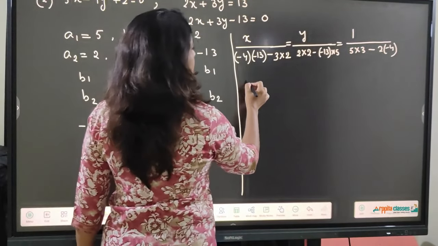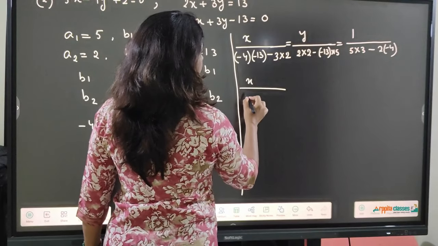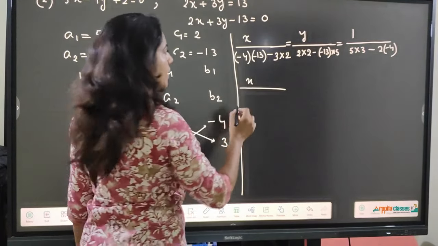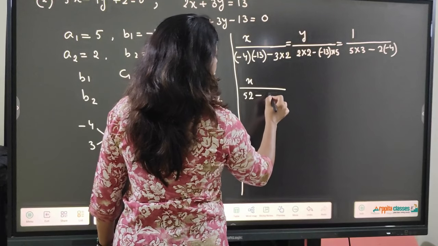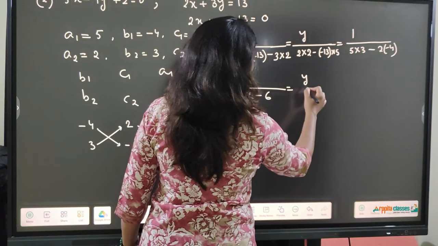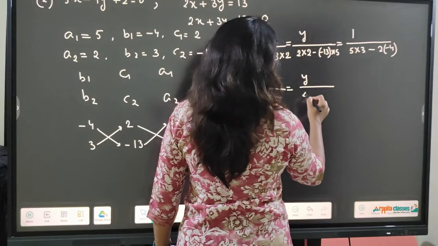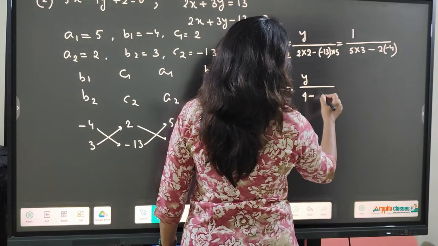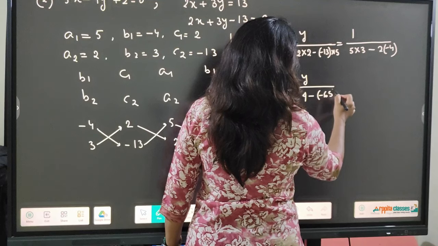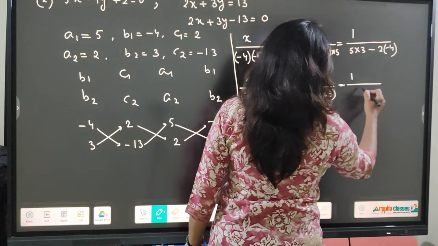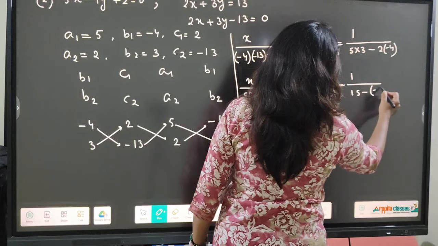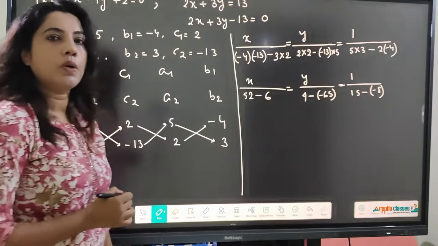Now we'll calculate this. x upon 13 into minus 4, minus into minus is plus, 13 into 4 is 52 minus 6, is equal to y upon 2 into 2 is 4 minus 13 into 5 is minus 65, is equal to 1 upon 15 minus, this is minus 8. Okay.